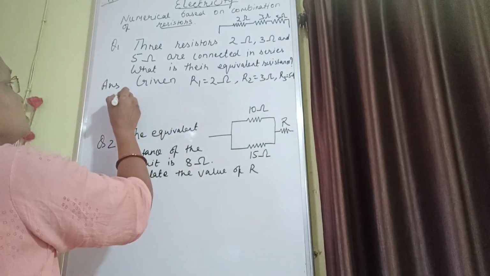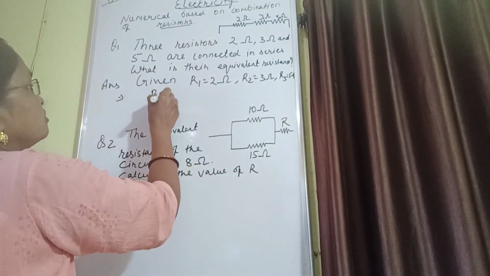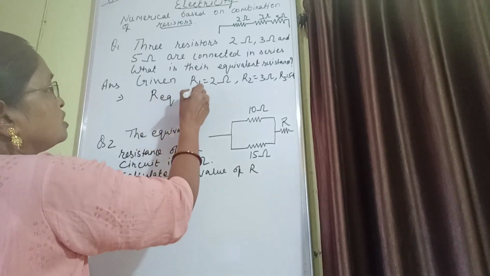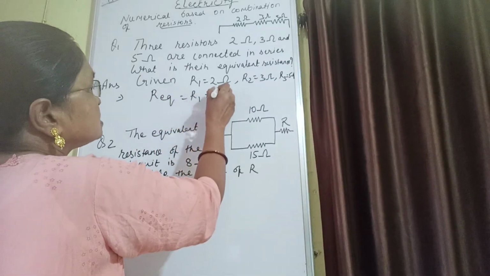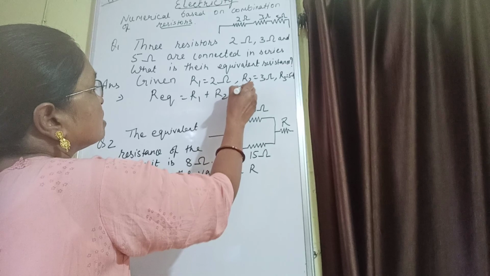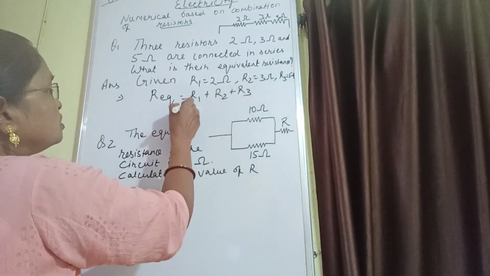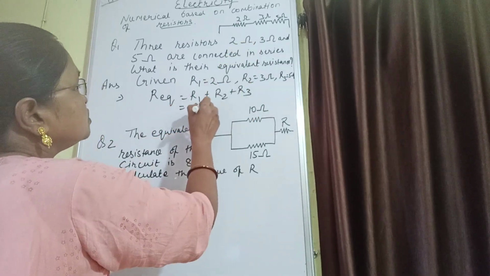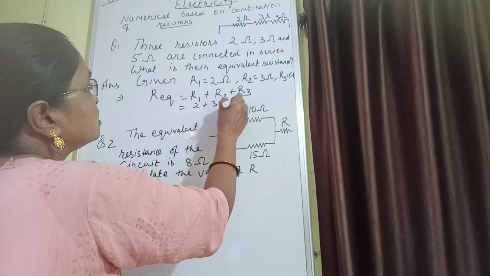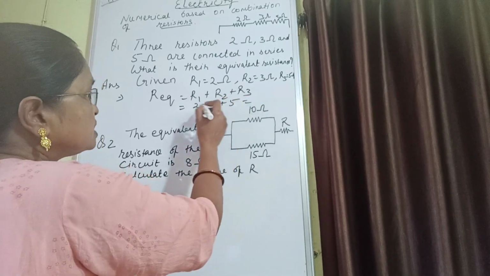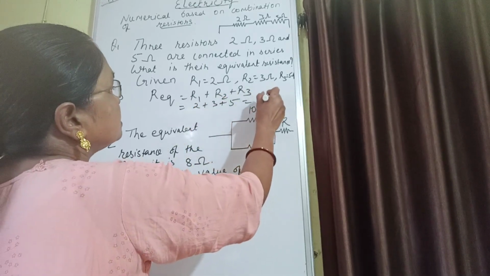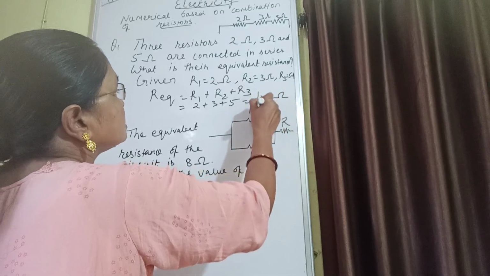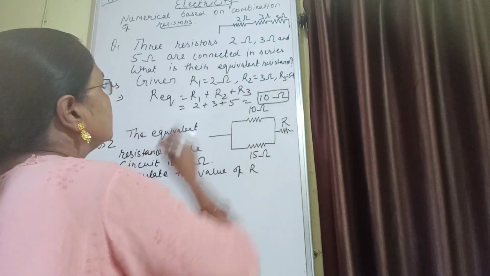Formula we know, R equivalent is equal to R1 plus R2 plus R3. And so we will get this one as 2 plus 3 plus 5, that is 5 plus 3, 8 plus 2, 10 ohm. So your answer is 10 ohm.